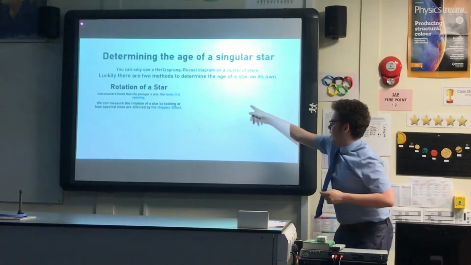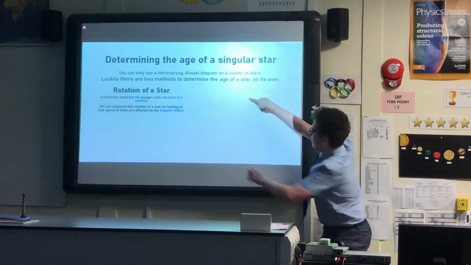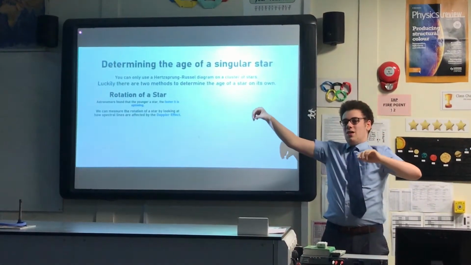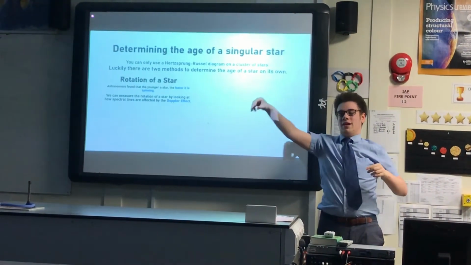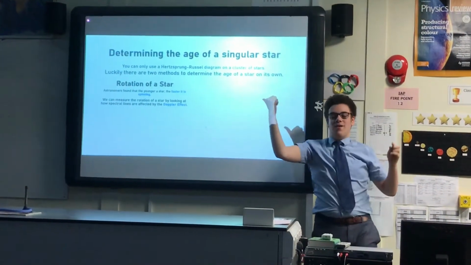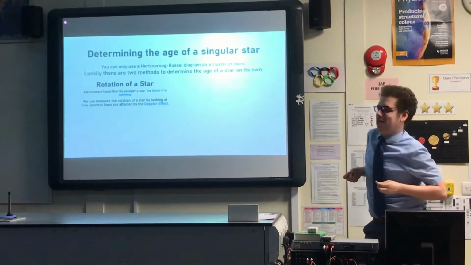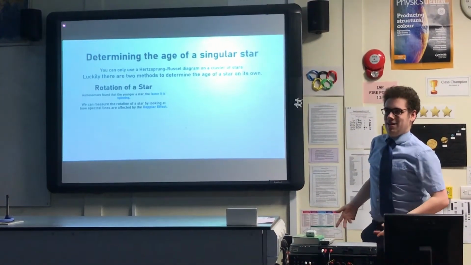If we have a star here, a point that's moving like this, and an observer here, it seems like the radiation is going towards us and further away from us. This invokes a Doppler effect, which is what we used to discover that the universe was expanding.